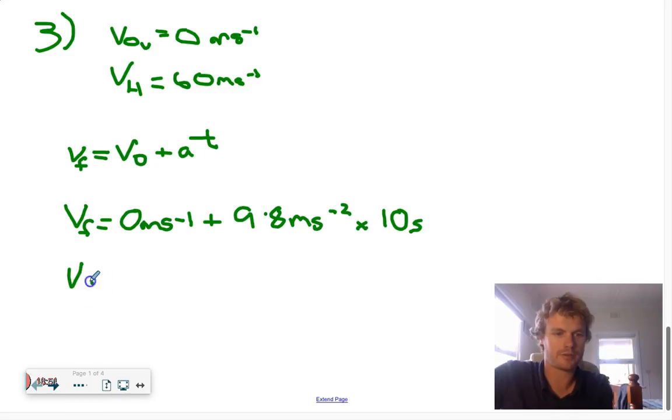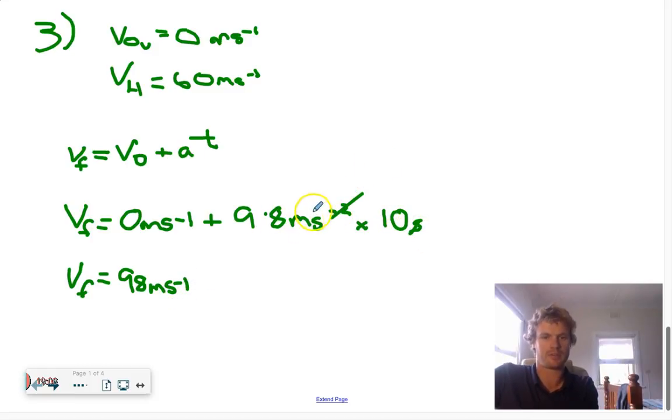So my final velocity is going to be 98 meters per second. Because I get rid of the squared by getting rid of that second there, I'm left with meters per second.